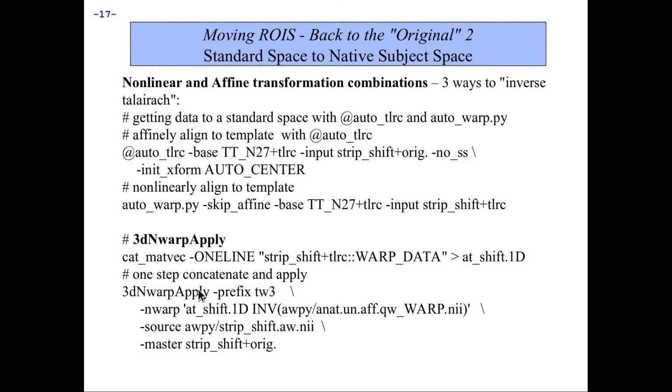This works for any kind of data, but here's one place you would do it. So that's with 3dNwarpApply. I'm putting these here just as reference for when you would need to do this in the future.